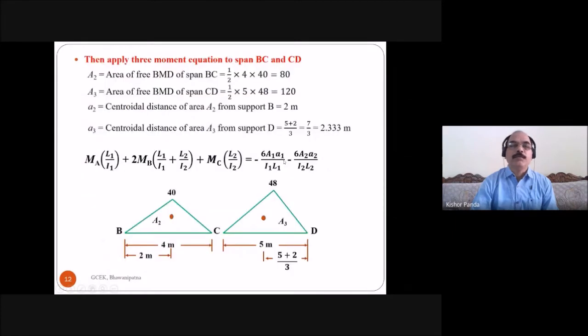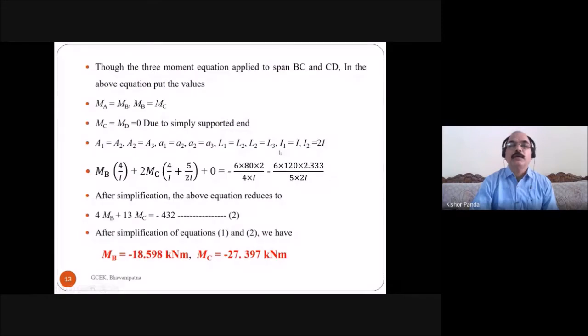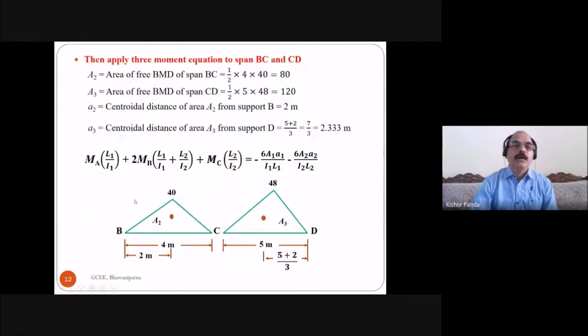Then the moment of inertia of span BC is given as I, and for span CD you are given 2I. So I1 is equal to I and I2 is equal to 2I. So substitute these values in Clapeyron theorem of three moments. Then we get MA is equal to MB.